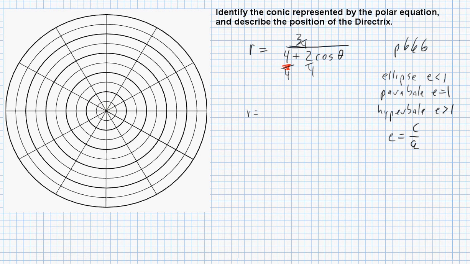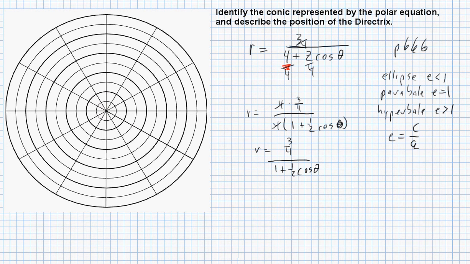Well, that's going to look like 4 times 3 over 4 on the top, and then 4 times 1 plus 1/2 cosine theta, where 2 divided by 4 is equal to the 1/2. Okay, so the 4's, of course, cancel out, and we get R is equal to 3 over 4 over 1 plus 1/2 cosine theta.